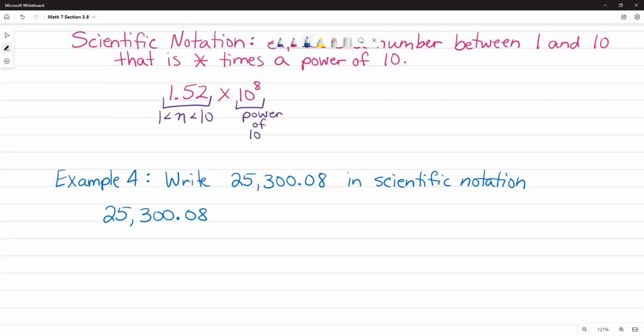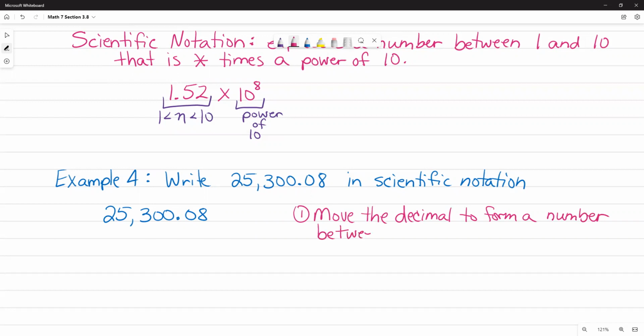Where's my pens? Here we go. All right, so the first step is we move the decimal to form a number between 1 and 10. So in the case of our number, we have the decimal between two zeros.